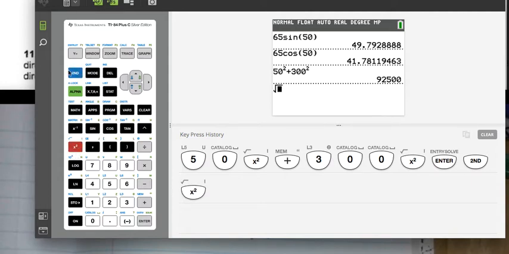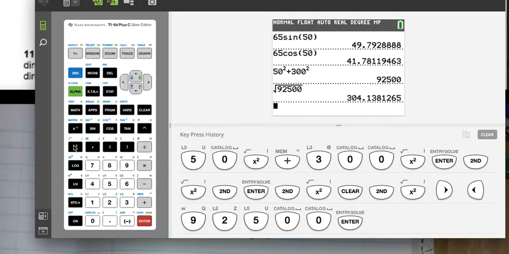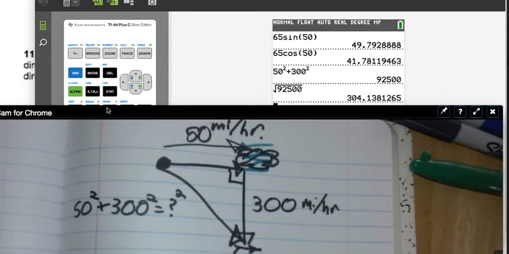Let's just take the square root of it. Whoops, let's clear that. All right, so we got that. And I'll just type it in, 92500. So this is approximately 304.14 miles per hour. Let's make a note of that.